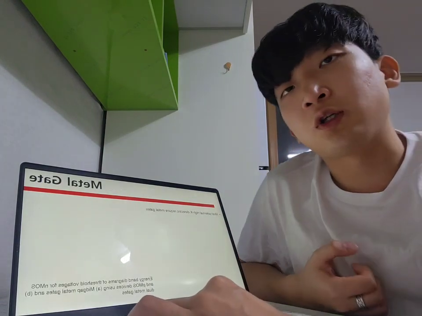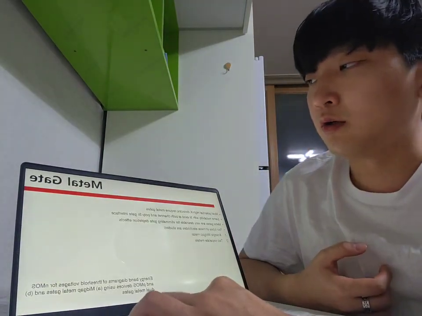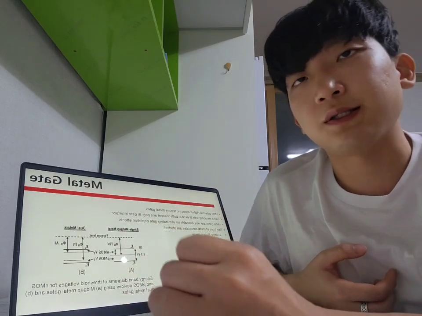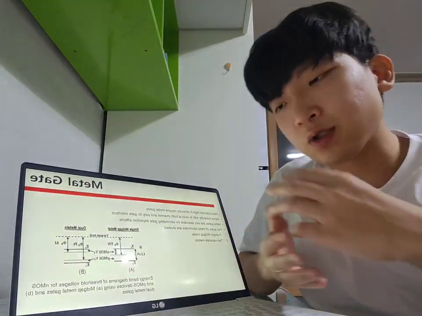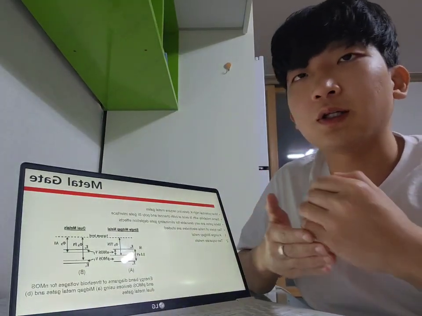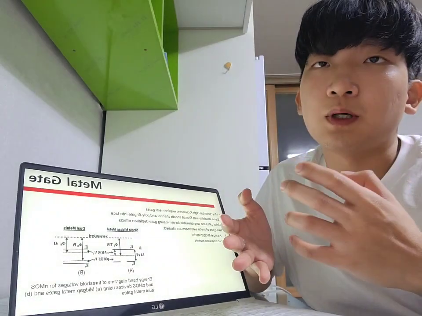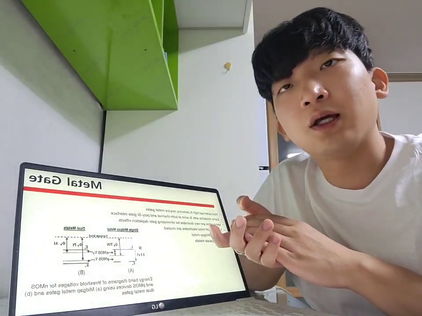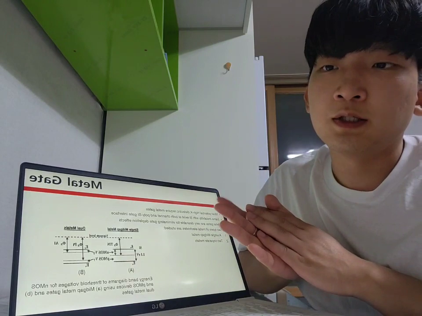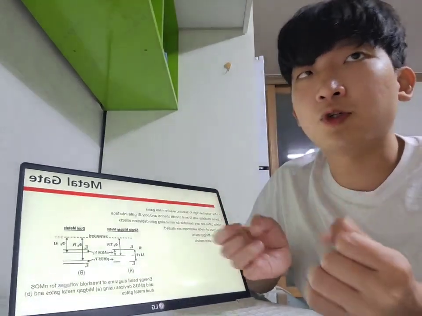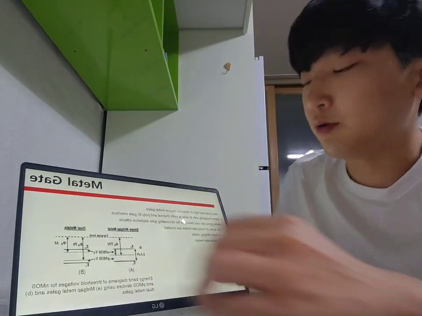And then we've talked about some metal gates, and something like this. So as we learned, we talked about the zirconium oxide, and the hafnium oxide is the best high K material.